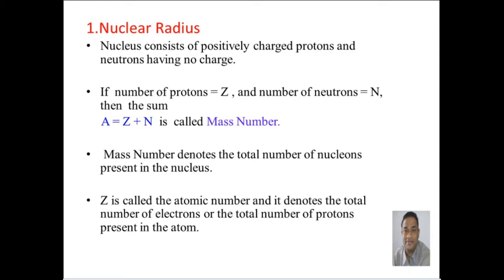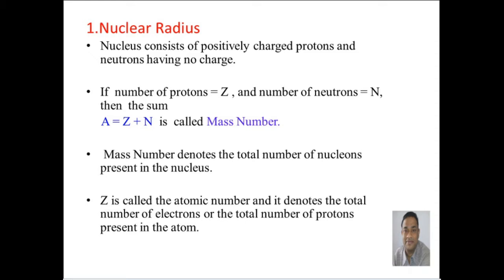Here the protons and neutrons are called nucleons. So mass number A is nothing but the sum of number of protons and number of neutrons. So mass number denotes the total number of nucleons that are present inside the nucleus.